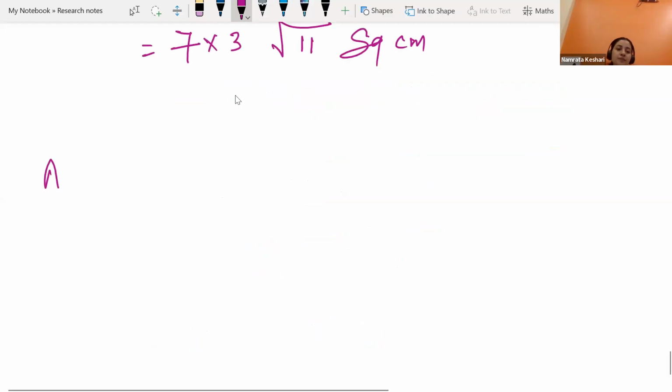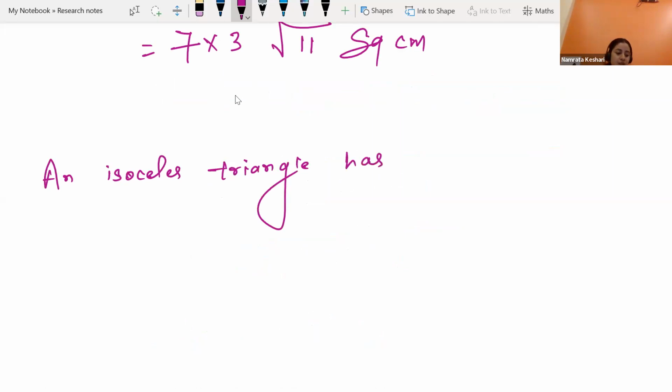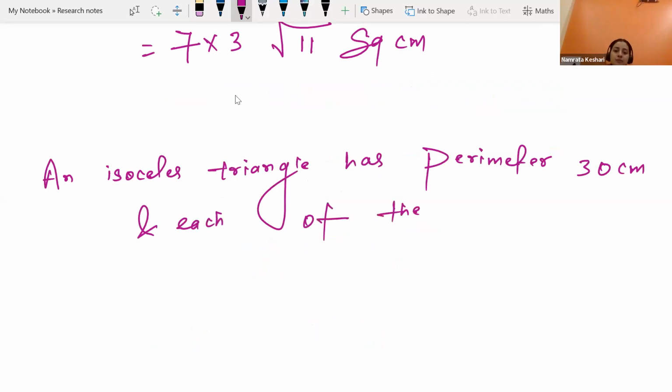And an isosceles triangle has perimeter 30 centimeter and each of the equal sides is 12 centimeter.